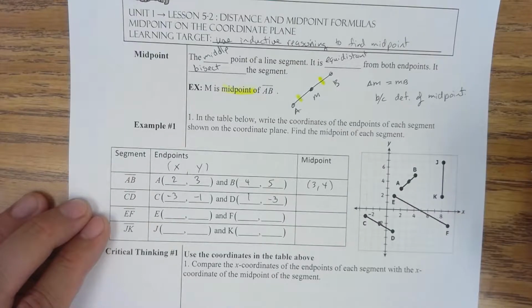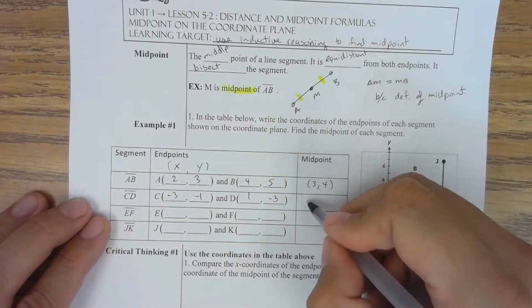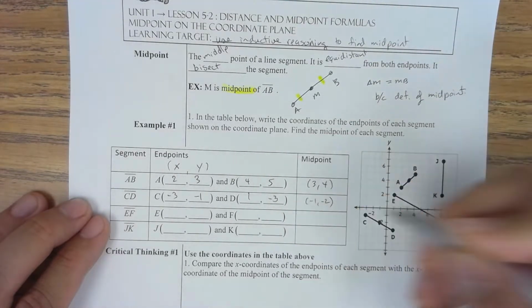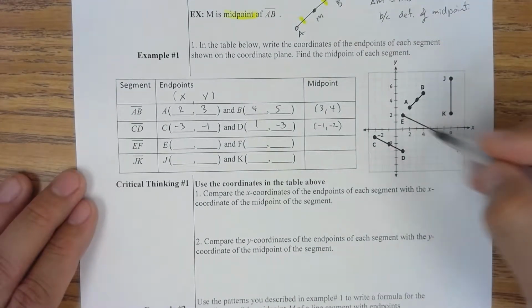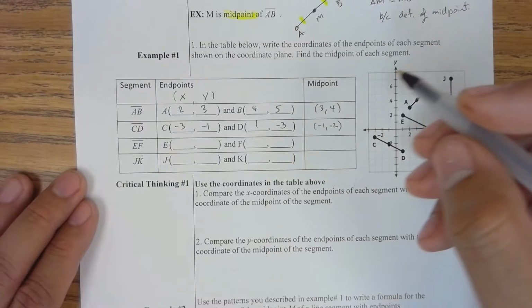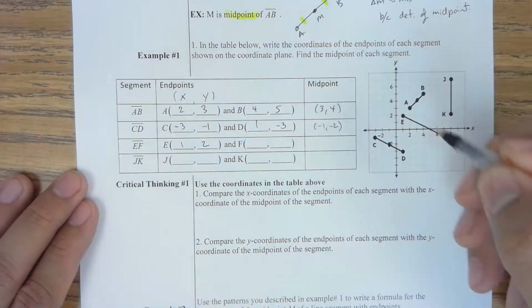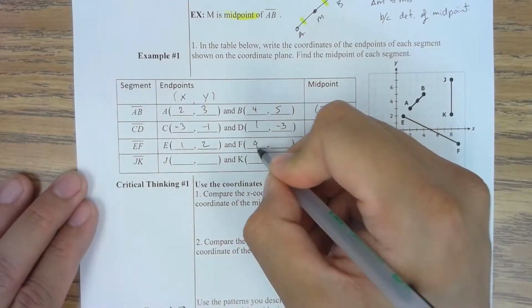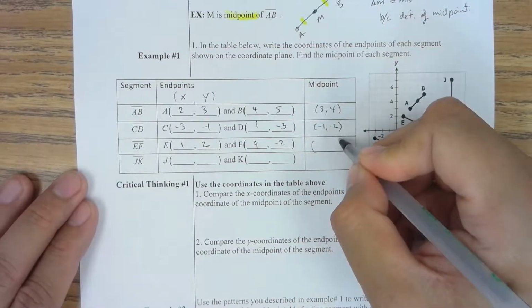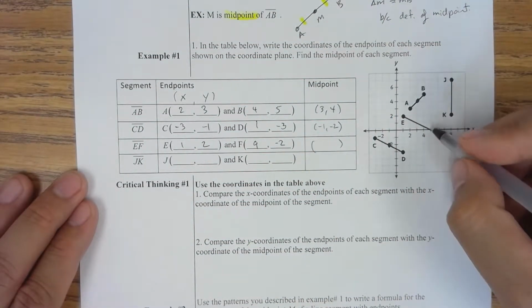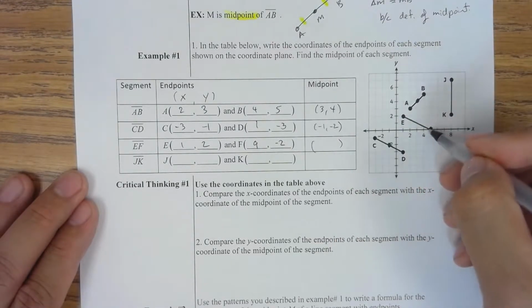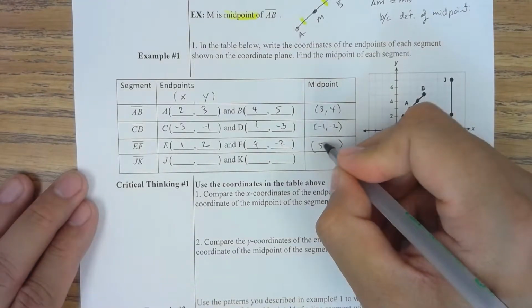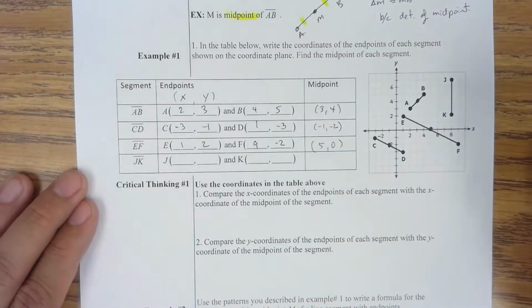That is -1, -2. Segment EF, the E right here is 1, 2. And the other one is 9, -2. And the midpoint of that is right here. So that is 5, 0. You didn't go anywhere in the y direction.